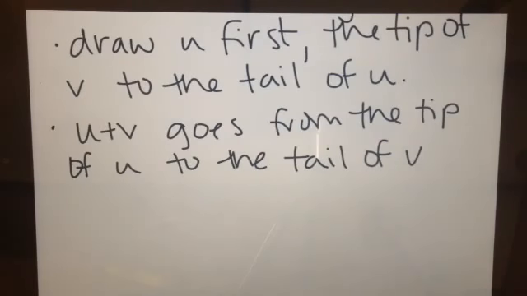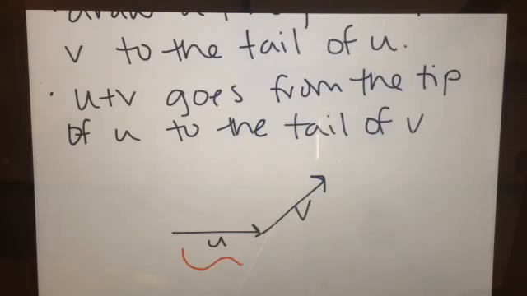So let's say this is vector U right here. Then it says the tip of V goes to the tail of U. So if this was V right here, and this kind of makes sense if you think about it, because I'm adding my horizontal components together, so this part is horizontal, and I'm adding that to this horizontal part also. And so that's going to put those together. And then for the vertical part, U doesn't really have a vertical part, but I would add it to this, which is the vertical part there.